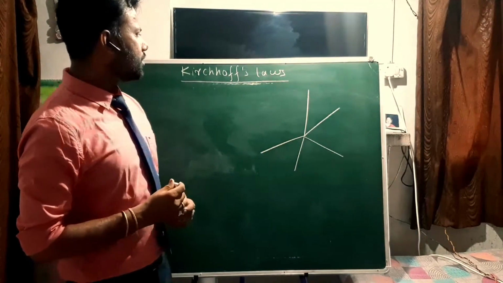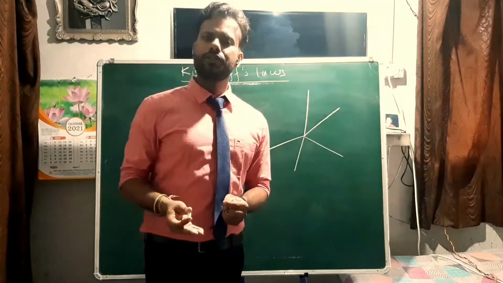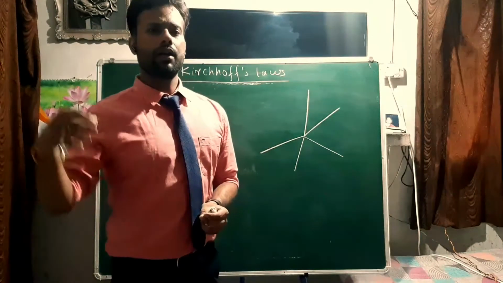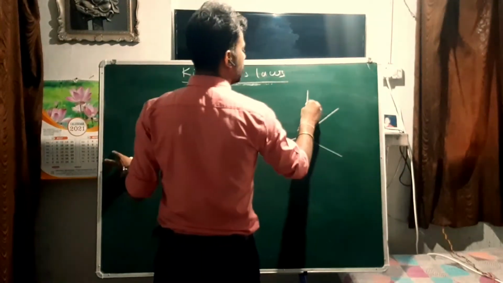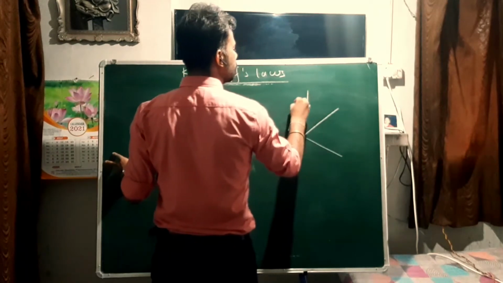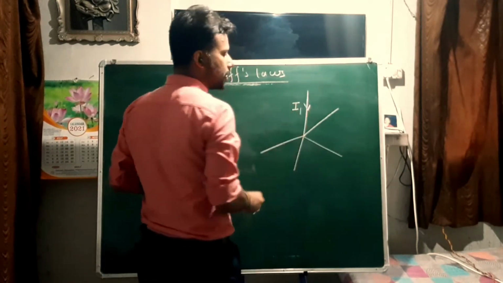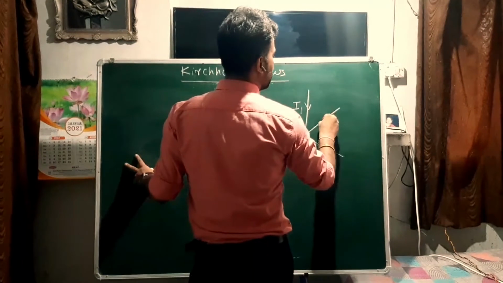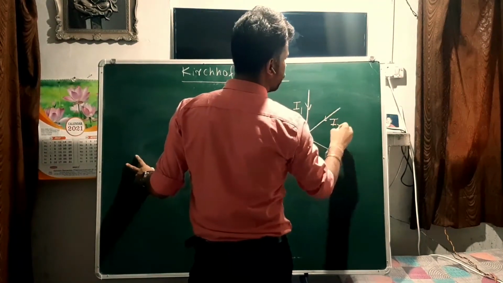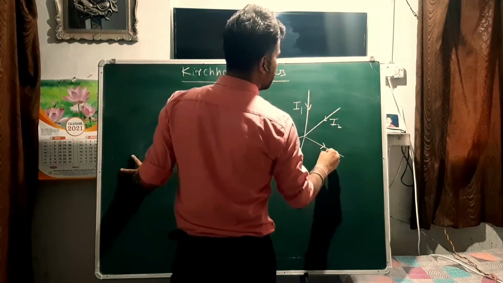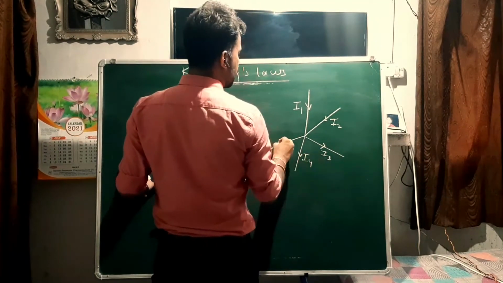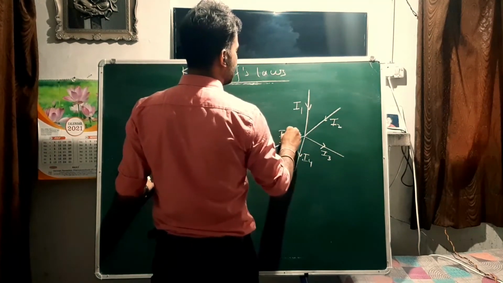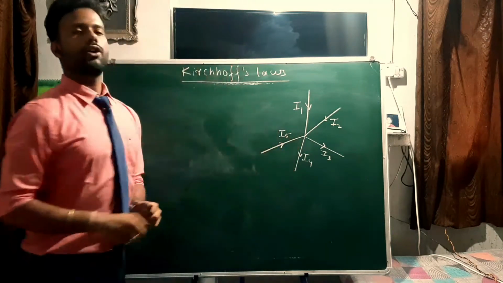Now in this junction, some of the currents are leaving the junction and some of the currents are going toward the junction, right? Let's say this current I1 is coming toward the junction and I2 is also coming toward the junction, I3 is going away from the junction, I4 also going away from the junction, and I5 is coming toward the junction, right?